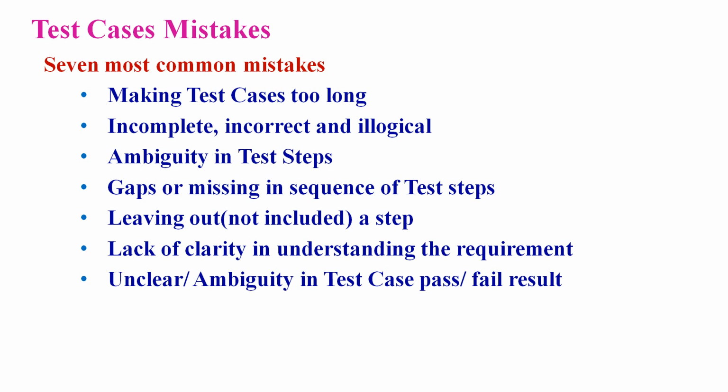And the next is unclear or ambiguous test case pass-fail results. See, the test case status, execution status. After executing the test case, you have to assign the status, whether the test case is pass or fail. So, when can we say that the test case is pass? If both expected results and actual results are matching or same, then we can say that a particular test case is pass.